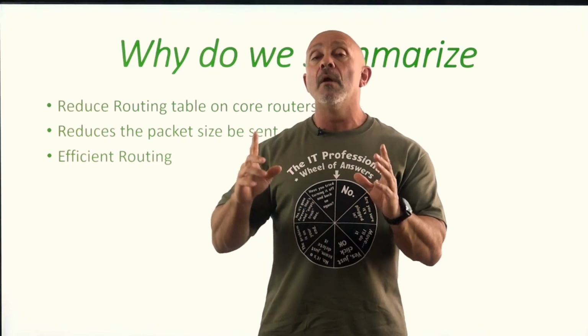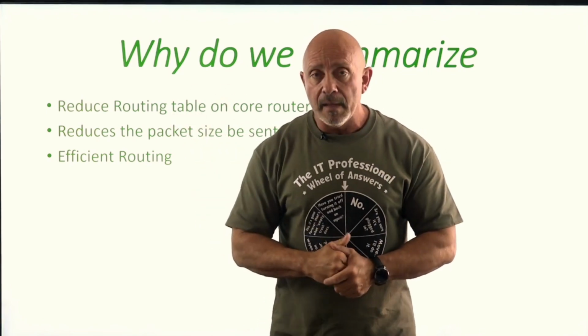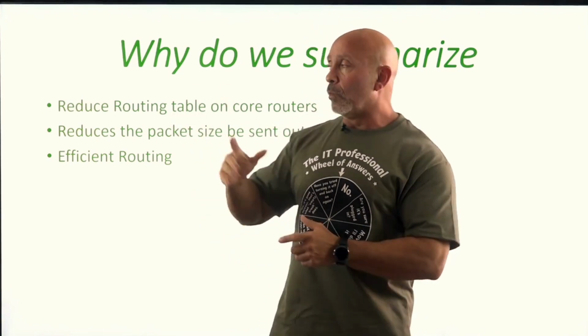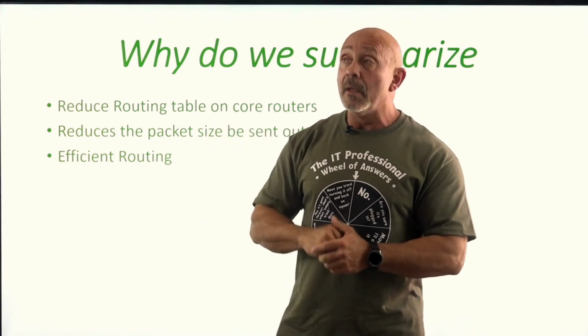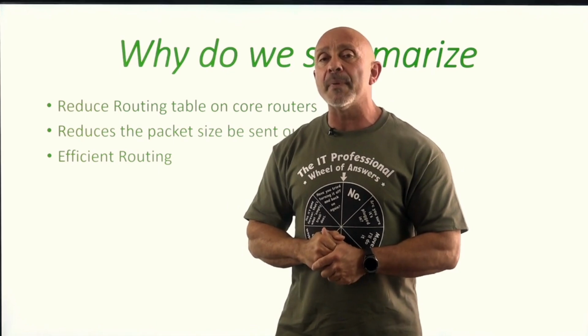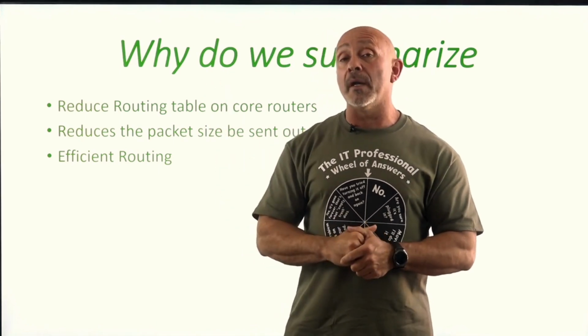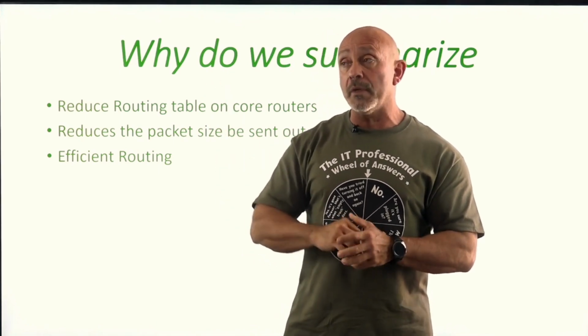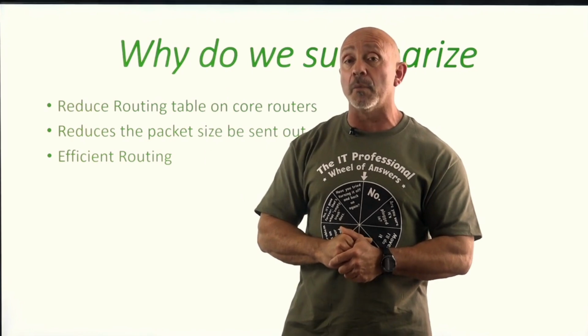Then we'll actually put it in a lab, and you'll see the difference. What happens when we summarize an actual network? We update the core router with this summary address.